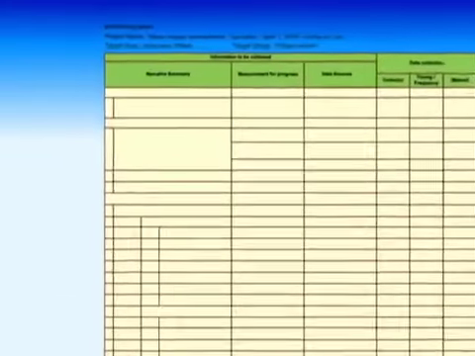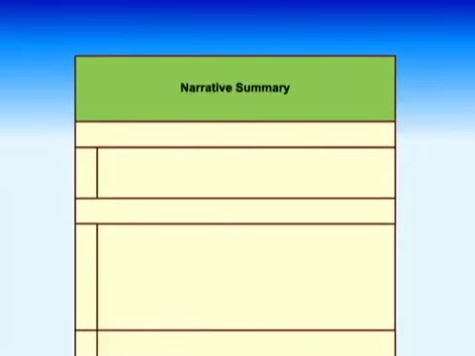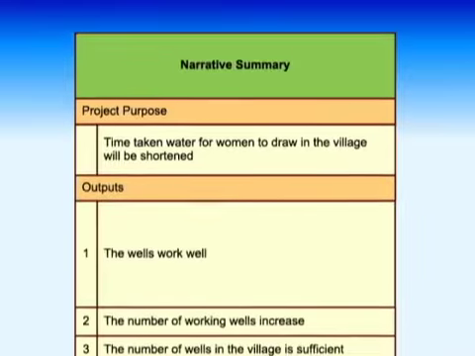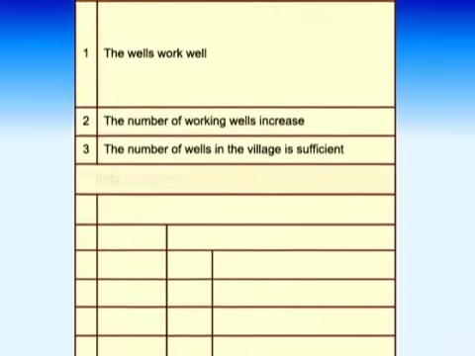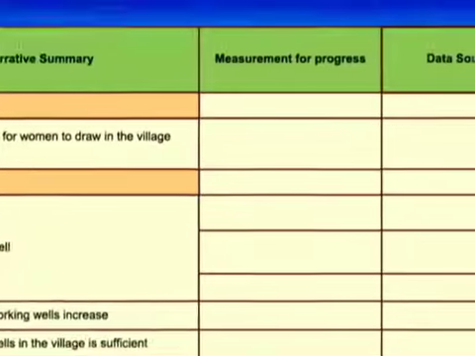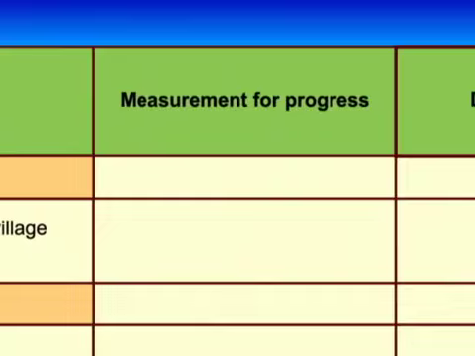First, in the far left row comes the narrative summary, which is program objective for a program and project purpose for a project. And outputs come under it. Then, under the outputs come activities and sub-activities. In the second row from the left comes measurement for progress.